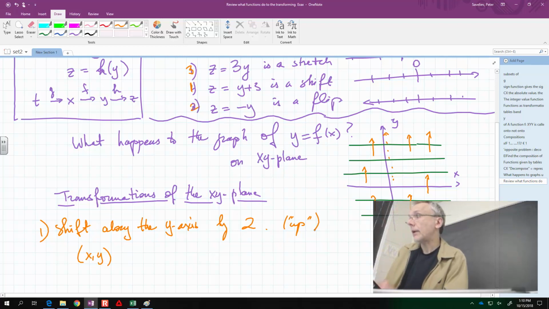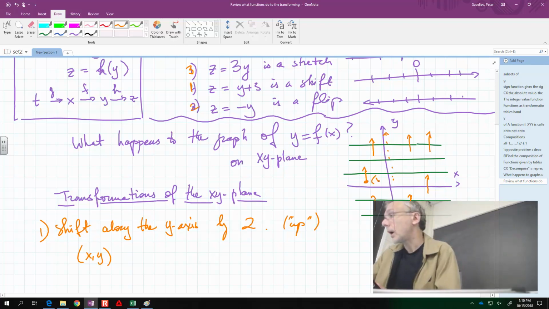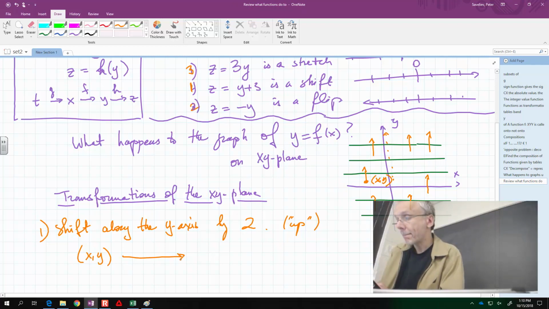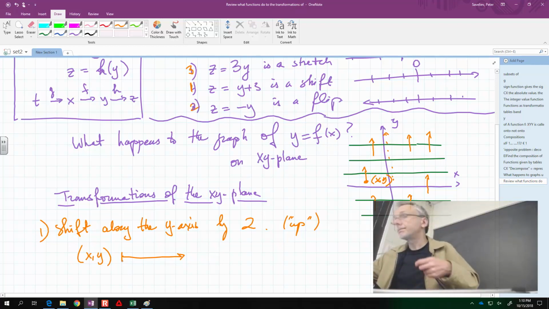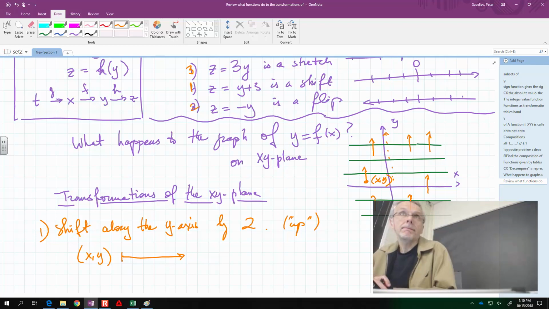So if my original point is xy, where will it end up? Shift everything up by 2 units. x and y plus 2.